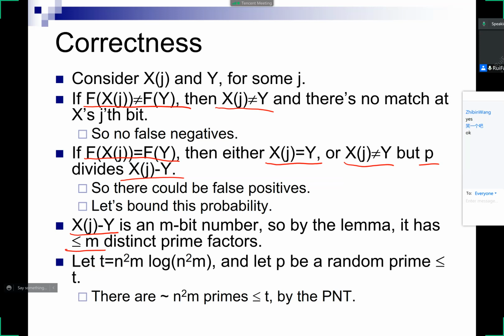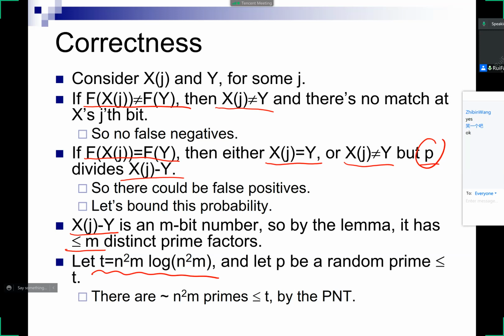Our t is going to control how big we make this prime p. So you pick a prime between 1 and t. How large are we going to make t? We're going to make it n squared times m, times the log of n squared times m. And then p is going to be a random prime between 1 and t.